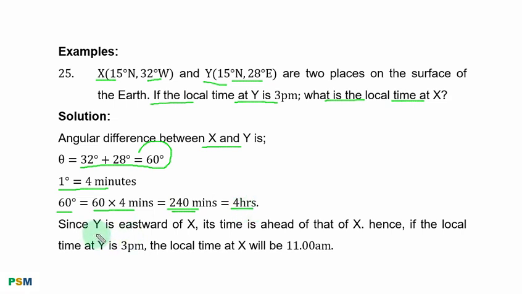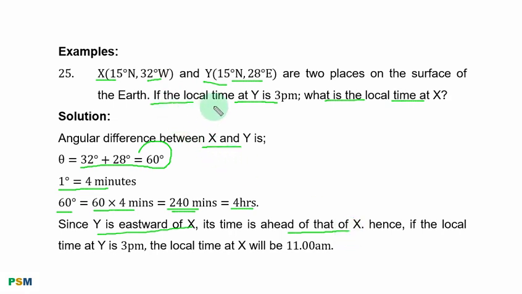Since Y is eastward of S from the question, Y is on the east side of S, its time is ahead of that of S. Places in the east are ahead of places in the west.